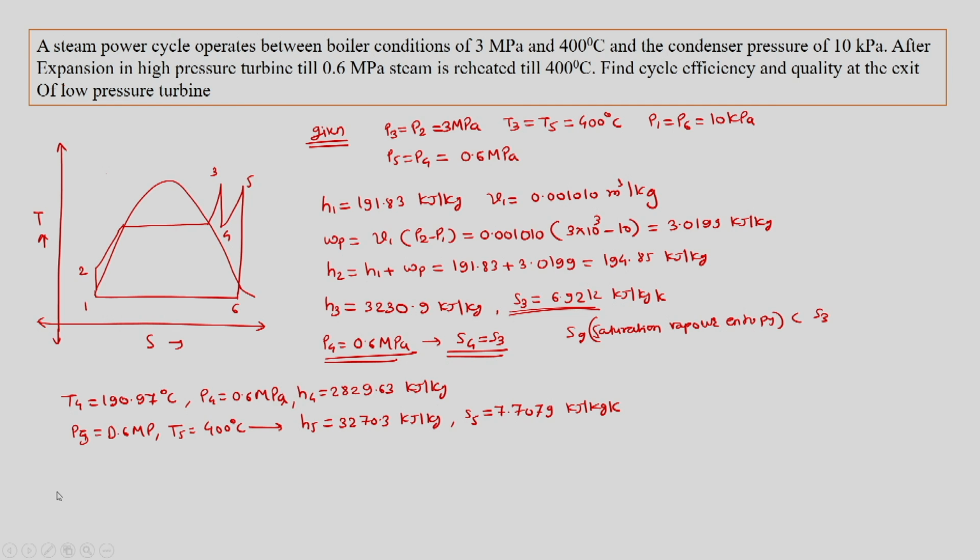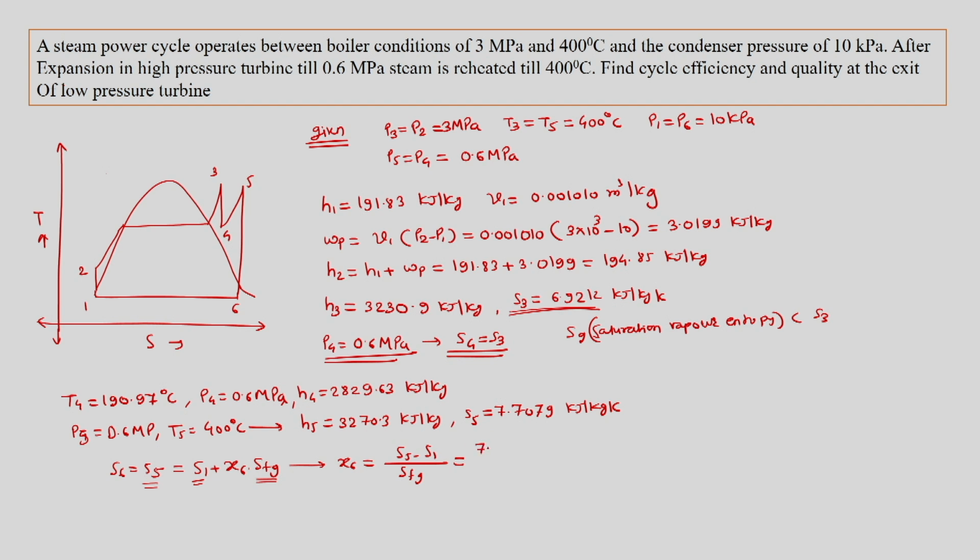So now we can find the state at 6, since we know S6 is equal to S5, which is equal to S1 plus X6 into SFG. We have already noted down S1 for the 10 kilopascal case. We also know SFG at 10 kilopascal, and we already know S5, which is 7.7079. This gives X6 is equal to S5 minus S1 divided by SFG.